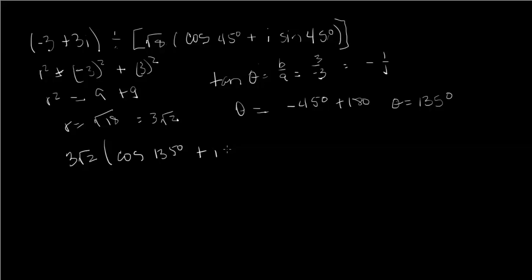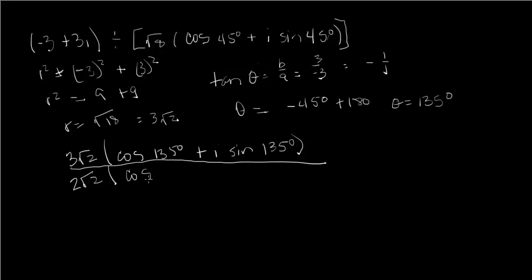And now we can divide this with the other trig form of complex number we were given to begin with. So I'm just going to put that down here. And I'm going to change the square root of 8 to 2 square root of 2. That's going to help us a little bit. And we have cosine of 45 degrees plus i sine of 45 degrees. Well, our formula for dividing these is r1 divided by r2.